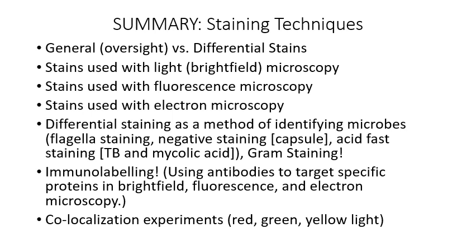All right, so this is to summarize the different staining techniques that we've gone through. We talked about general versus differential stains. We gave several examples. We talked about stains that we use with bright field microscopy versus stains that we use with fluorescent microscopy versus stains we use for electron microscopy. We learned about differential staining methods. The most basic differential staining method you have to learn is the Gram staining protocol, including the uses of crystal violet, iodine, alcohol, and safranin.